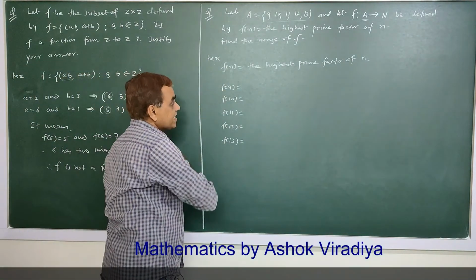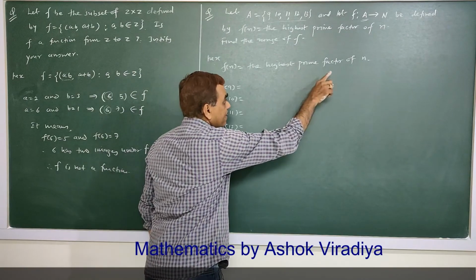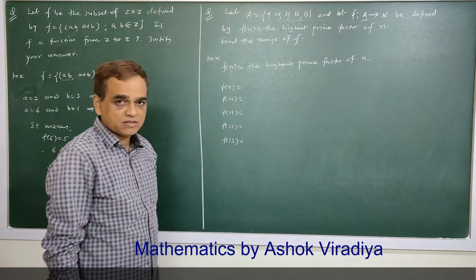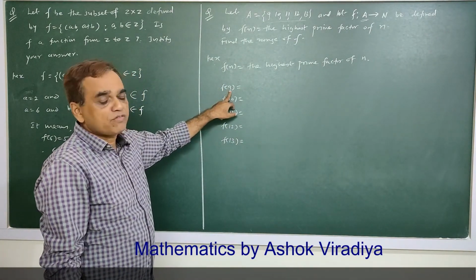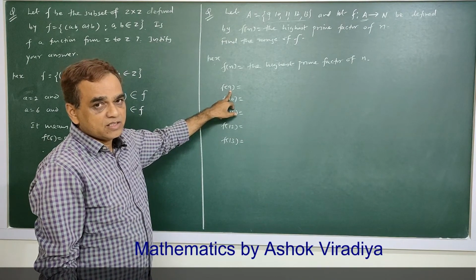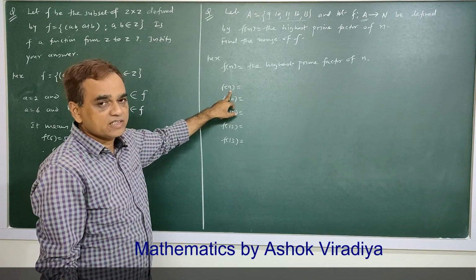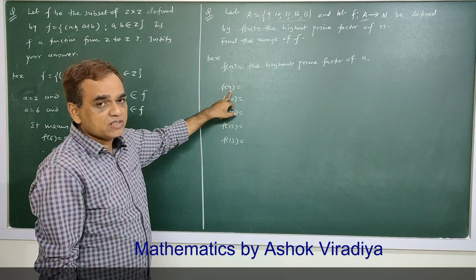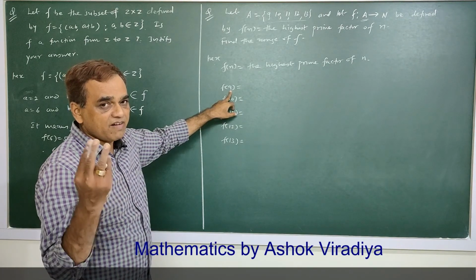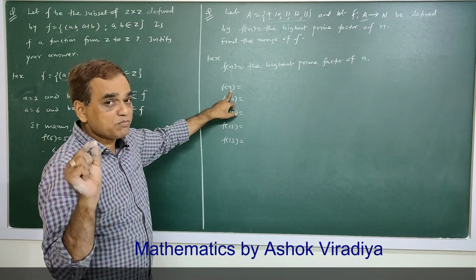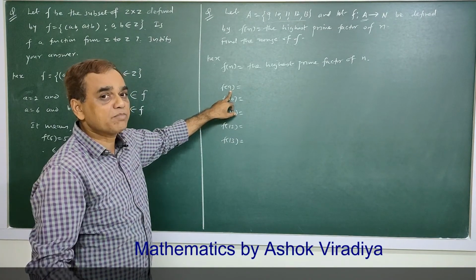Now f of 9 means the highest prime factor of 9. If you check factors of 9, then 1, 3, 9. There are 3 factors. And which is prime? Only 3 is prime.